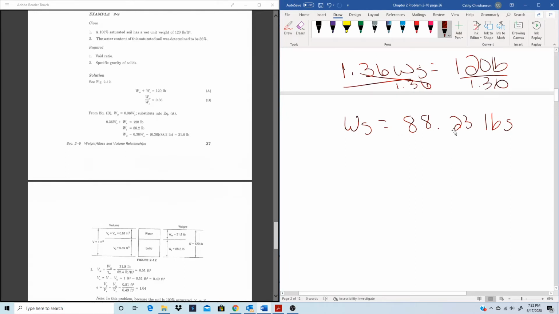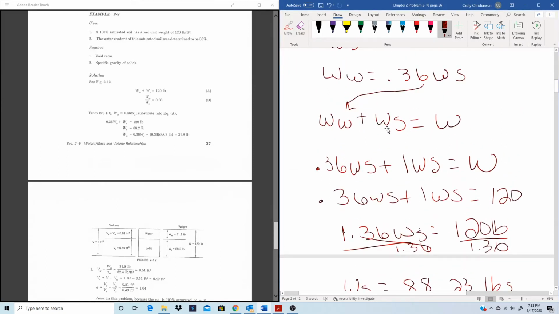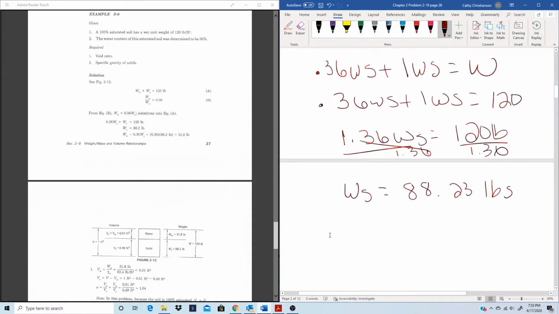I've got 88.23. So now if I sub that back in, and if I'm looking at my equation here, if I want to substitute that in, we can solve for the weight of the water, because we know the weight of the solid and we know the weight.